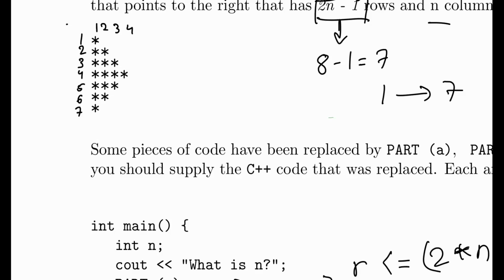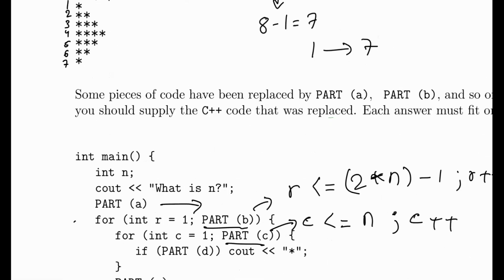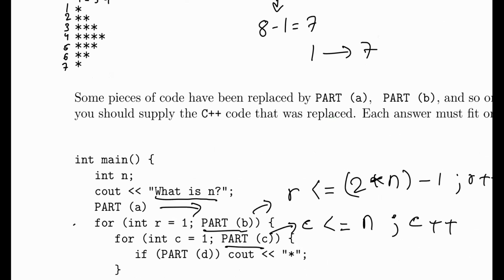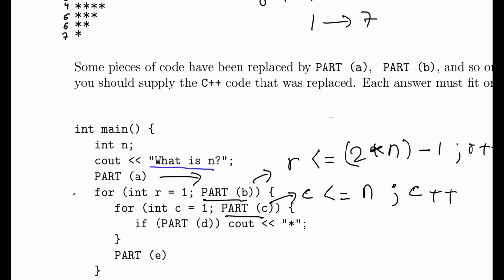Let's look at what cout prints for the prompt, like "what is n" or "enter a number". This can be anything; we can display anything. It's the same, since it is just asking the user. So how do you get the answer to part C?